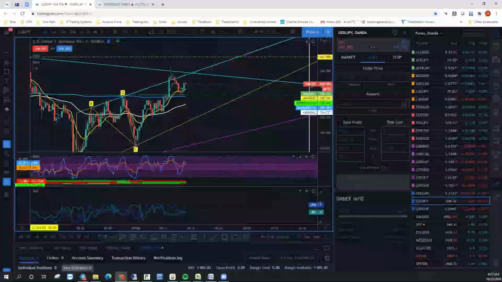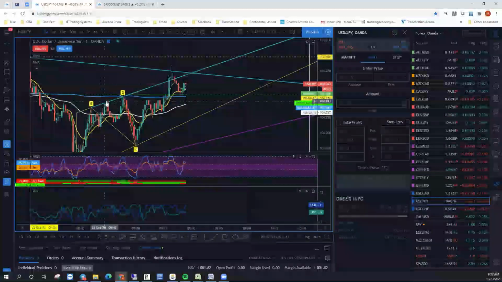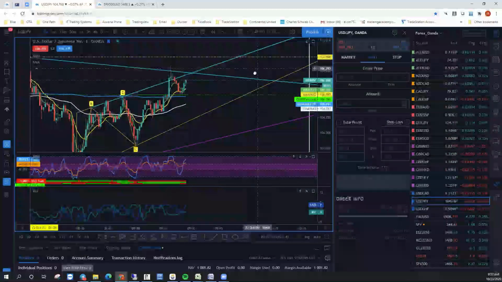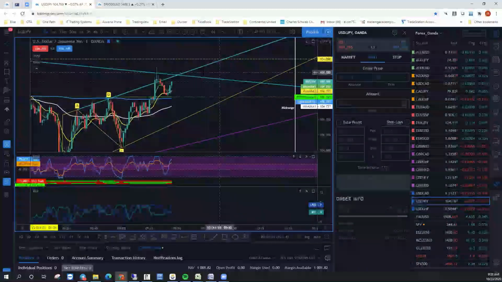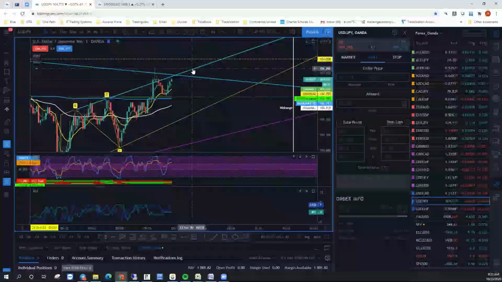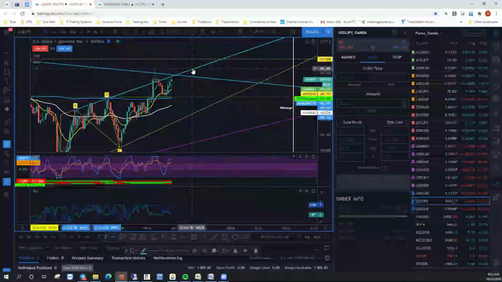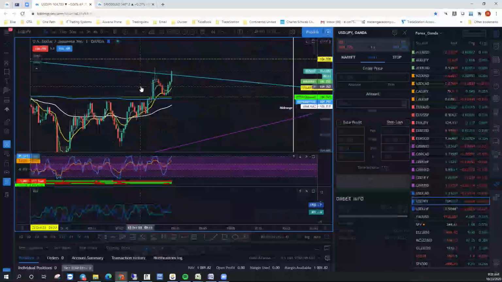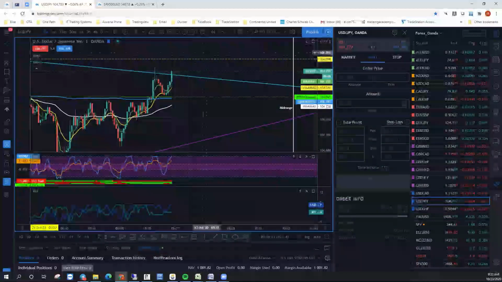We also had a break of this trend line here, so this one's no longer valid. This one's been broken to the upside. This wedge has been broken. The top has been broken here.